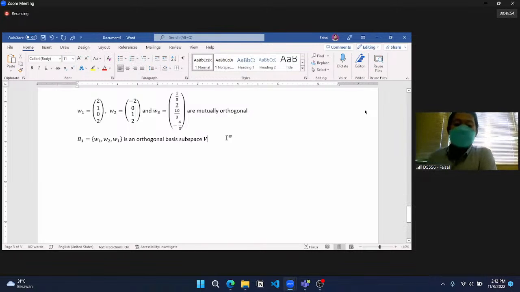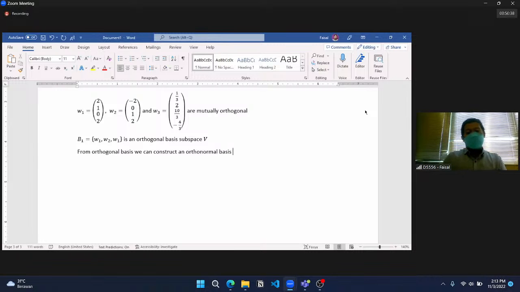Okay, so that's how we compute an orthogonal basis. From an orthogonal basis, we can continue to produce an orthonormal basis. From an orthogonal basis, we can construct an orthonormal basis.